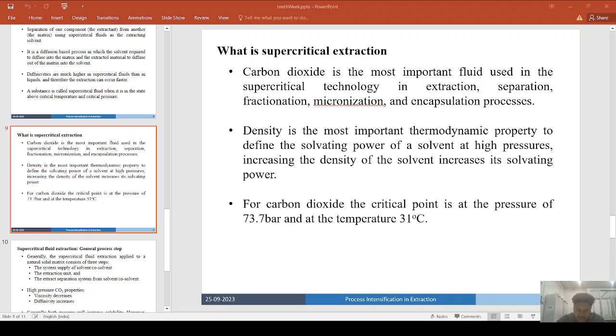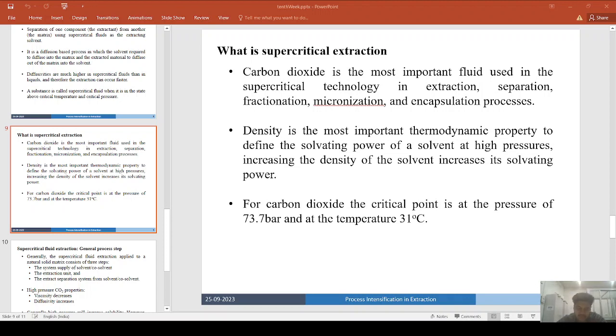For example, bioactive compounds need to stay at room temperature, not extremely low, not extremely high. Such temperature and pressure conditions can be achieved by carbon dioxide in its supercritical state.